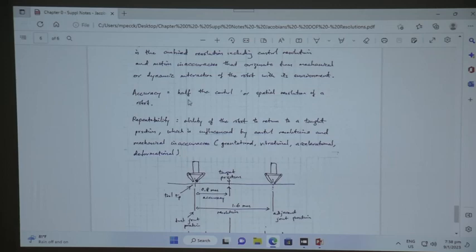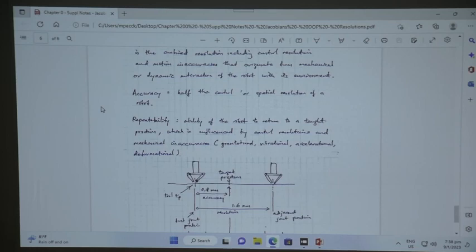Accuracy will always be defined as half of the control or spatial resolution of a robot. If you are given the spatial resolution, half of the spatial resolution will give the accuracy of your robot. And then you have the repeatability. Repeatability is defined as the ability of the robot to return to its taught position.